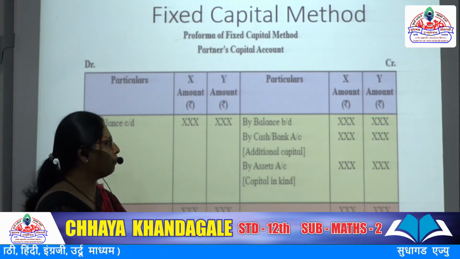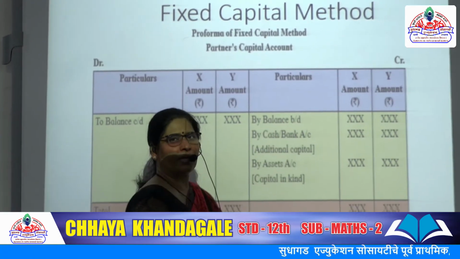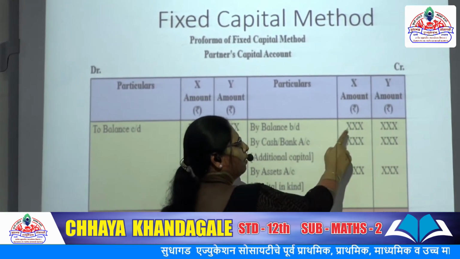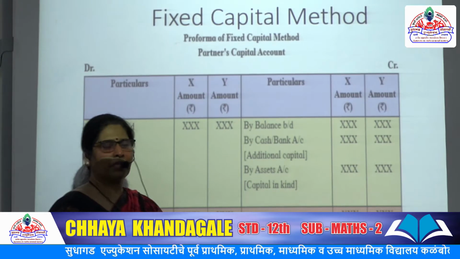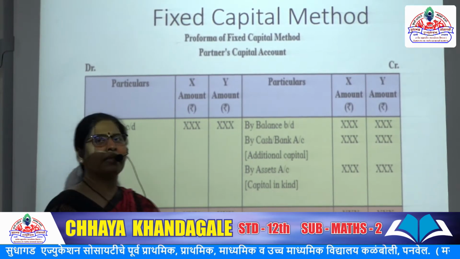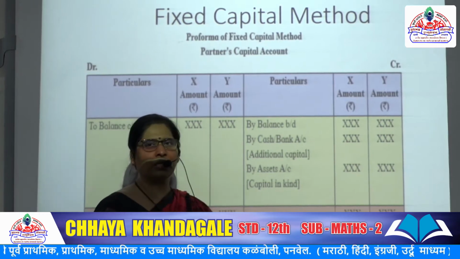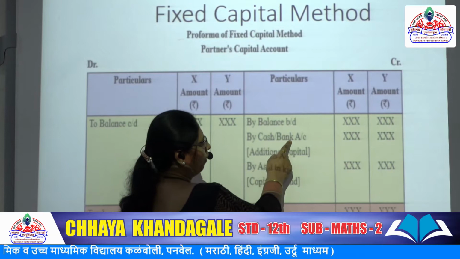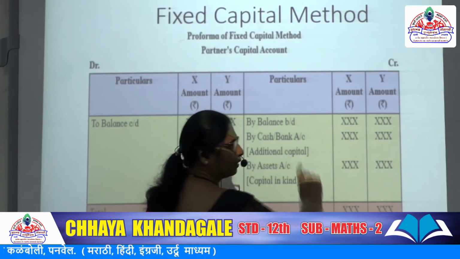Those balances we are going to write it over here by balance brought down. Whatever the amount may be, rupees say 1,80,000. 1,80,000 they are going to invest in the initial business. Then if that partner has brought in additional capital during the year, that will also be mentioned by cash or bank account, whatever additional, suppose 20,000 and 20,000.